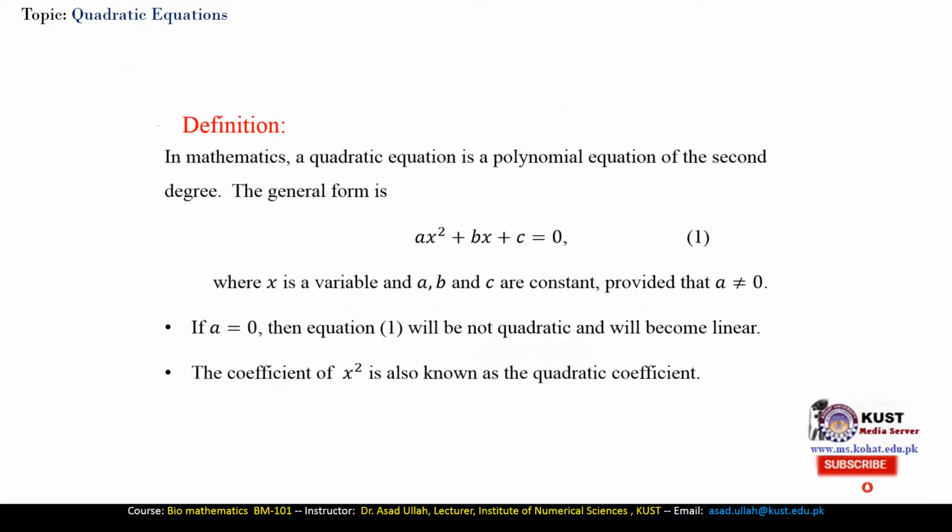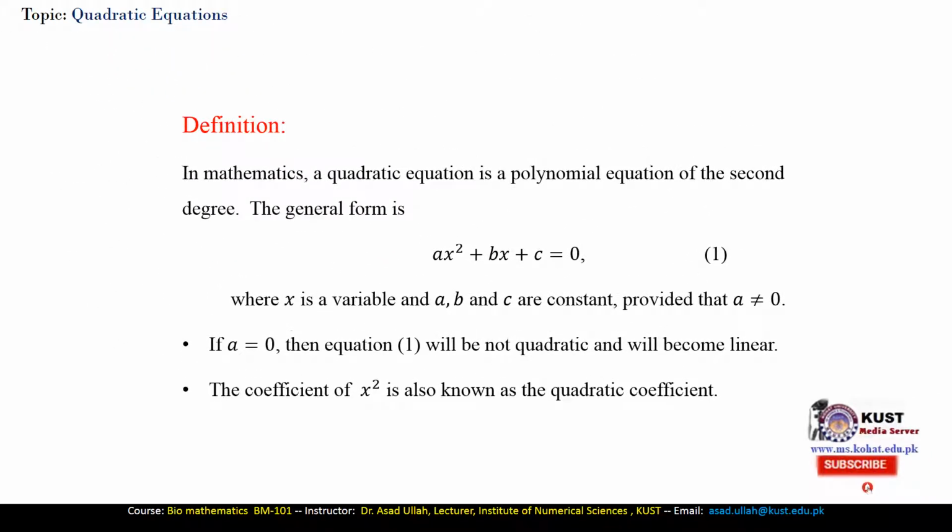Now, what is a quadratic equation? In mathematics, a quadratic equation is a polynomial equation of the second degree. The general form of the quadratic equation is given by equation number 1. Here ax square plus bx plus c is equal to 0, but the coefficient of x square, a, must not be equal to 0.